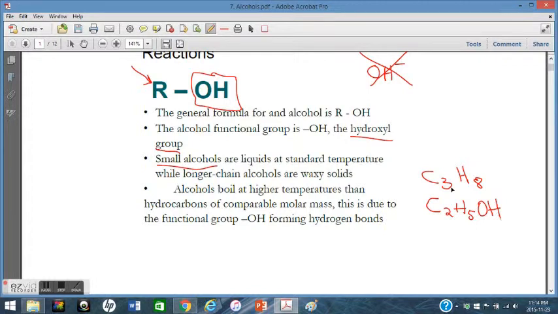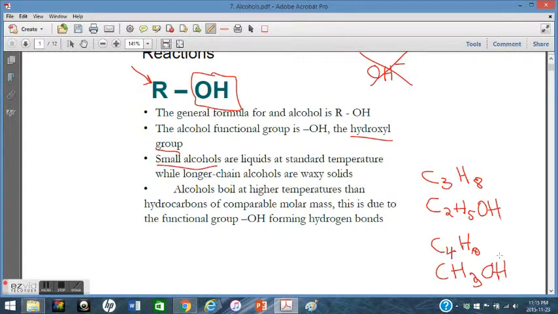We could even pick a lighter alcohol than C3H8. Even compare C4H10, so compare butane in any of its isomers to even methanol, CH3OH.